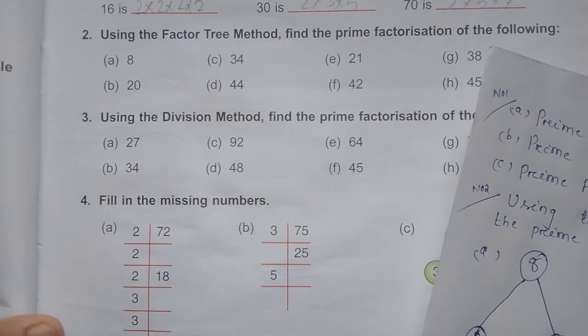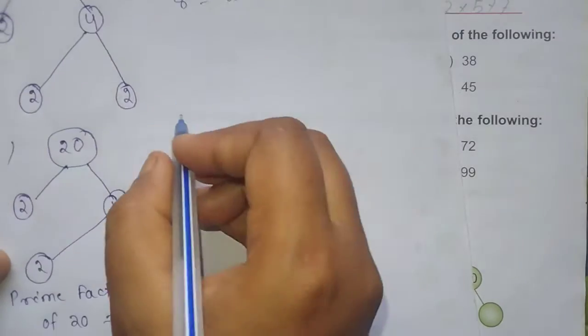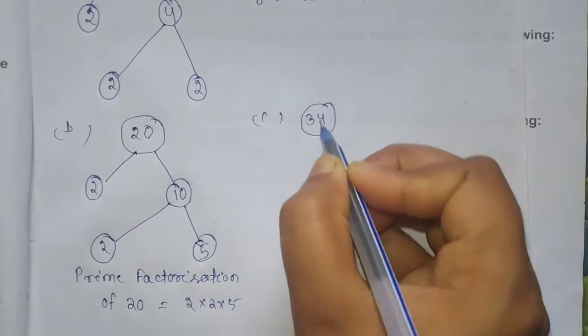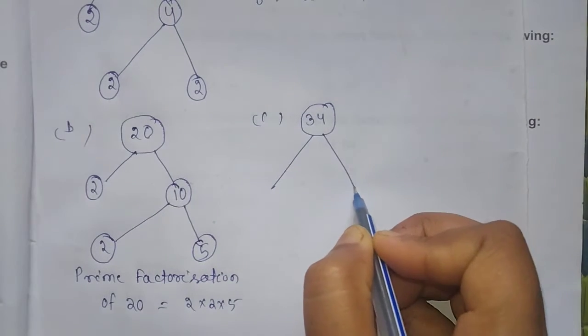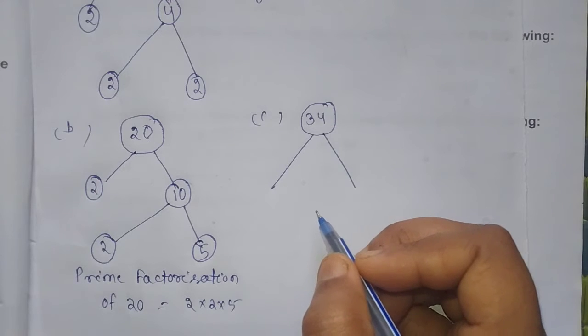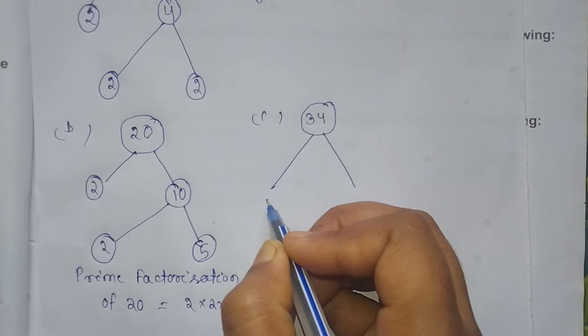Then C, 34. We can break 34 into two factors, 17 times 2 is 34.